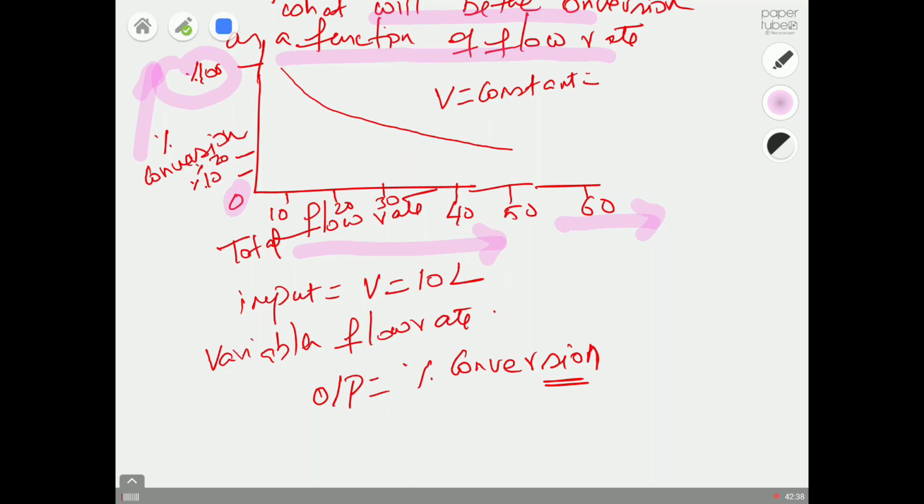Assume volume is constant. If you really simulate your process, you may get a curve like this. It says that as your flow rate increases, your percentage conversion decreases, and it also follows something like an exponential trend. This will be one of the results from your process simulation.